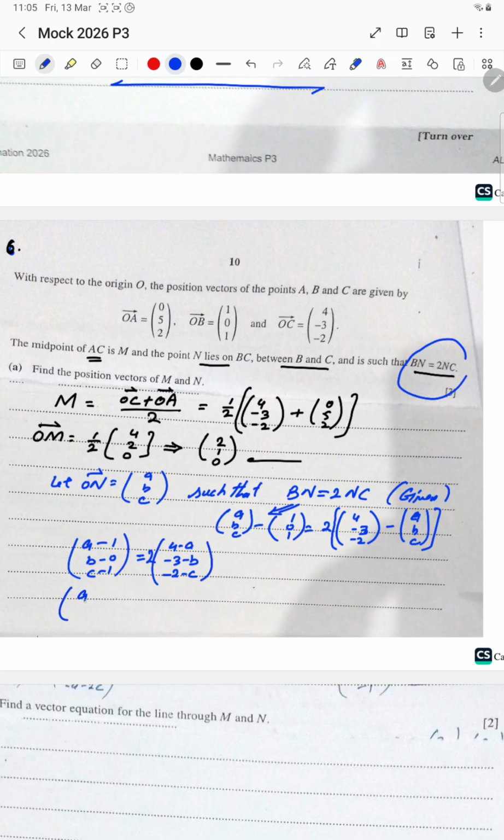Or I can write (a minus 1, b, c minus 1) equal to (2 fours are 8 minus 2a. 2 is going to multiply with each number, this 2, which I'm going to write in red. Here it is given. So it will be minus 6 minus 2b, minus 4 minus 2c). Now I will compare both sides.